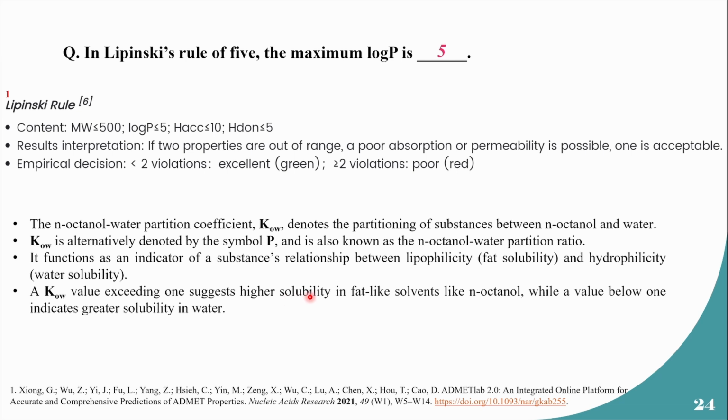So if it is more than 1, it will be more soluble in fat-like solvents like octanol. If it is less than 1, it will be more soluble in water, right? And you can take the log value of that. Lipinski's rule is saying that if it is not exceeding 5, then it is fine. It's not a violation in that case, right?